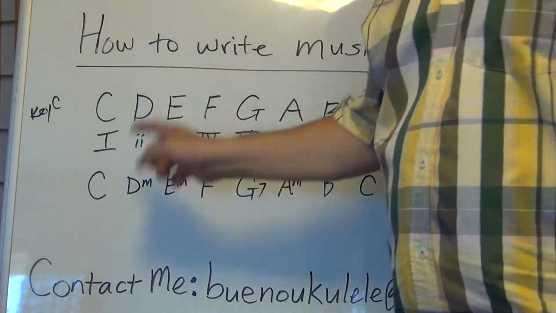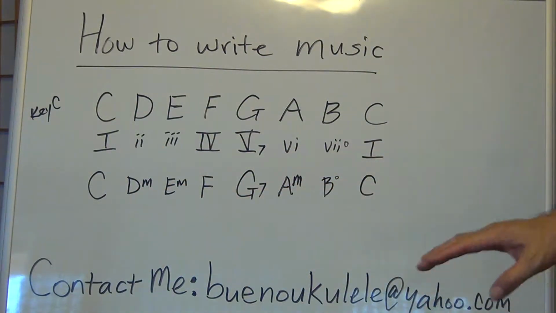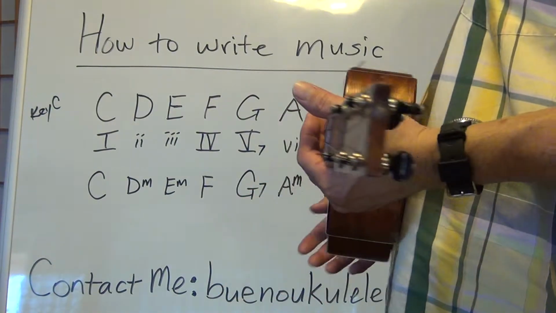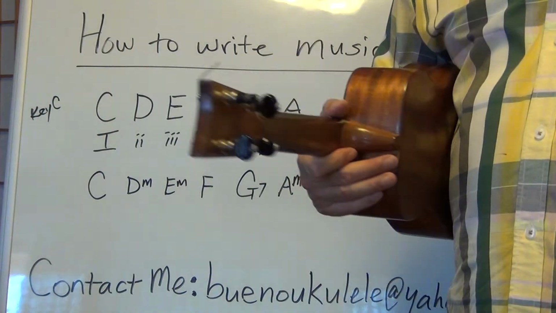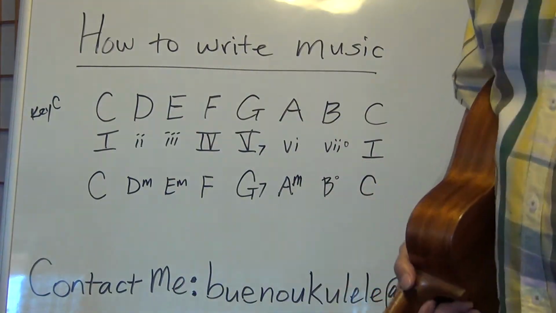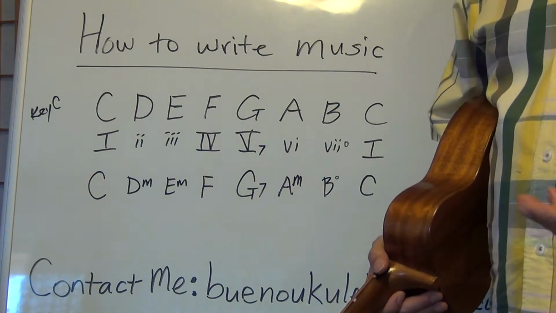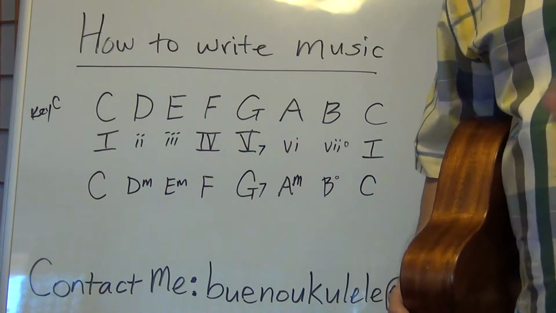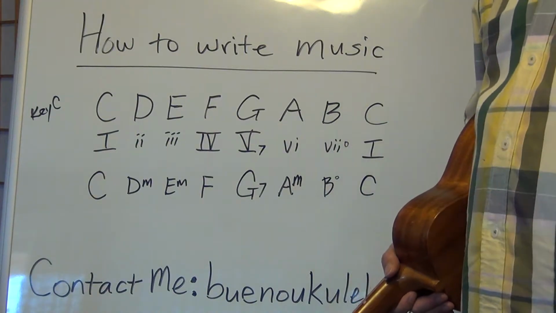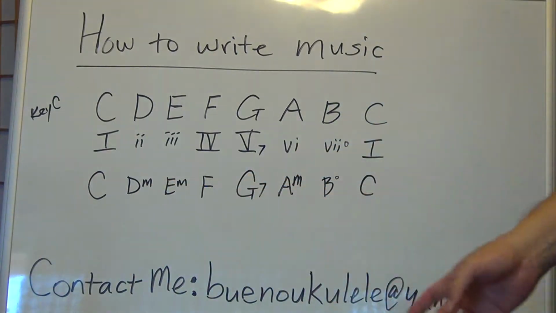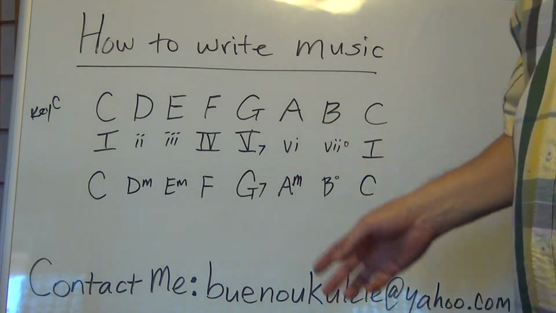So in this key of C, all these chords are the chords that you can use to write your song. Usually when people write a piece of music, they're probably going to write something that is meaningful to them, whether it be lyric-wise or music-wise, but you want the song to sound pleasing to you as a writer. So these are the chords you're going to be using to arrange and put your song together.